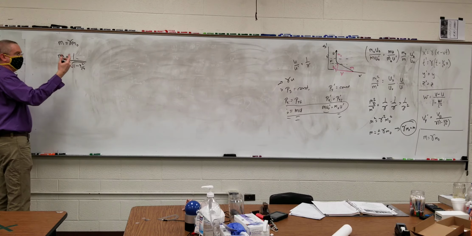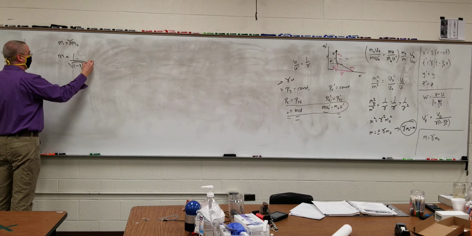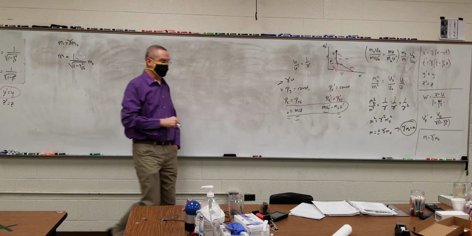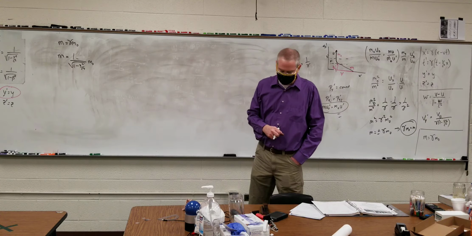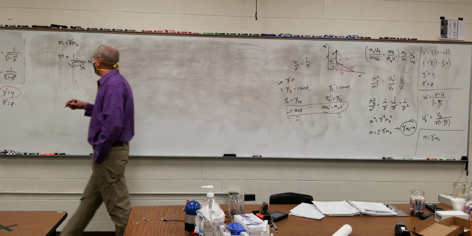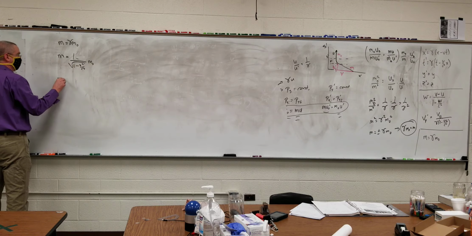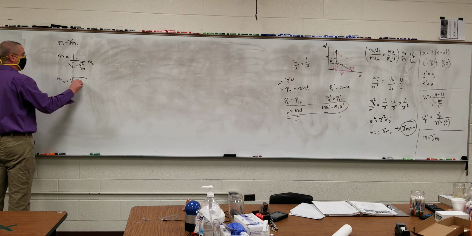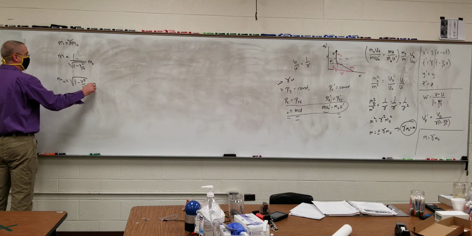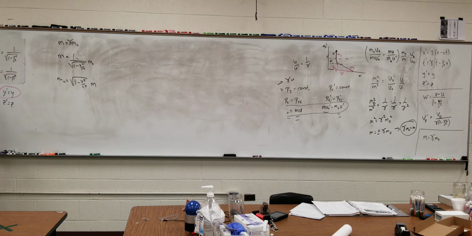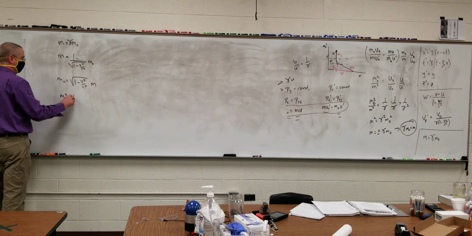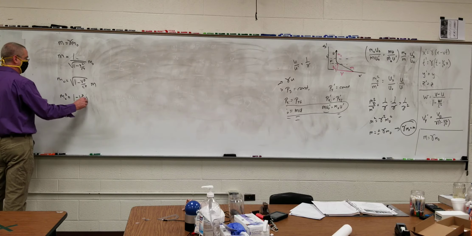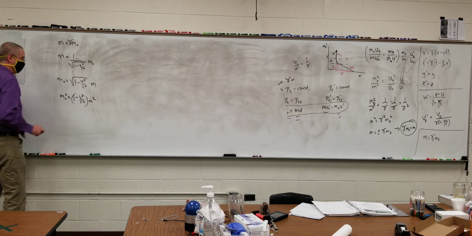I guess u in the last context we were doing, I'm pulling back to v here, just because. Multiply both sides by the square root, I get m sub naught. My rest mass is equal to the square root of 1 minus v squared over c squared times m. We don't like radicals, so let's square it. M naught squared equals 1 minus v squared over c squared times m squared.